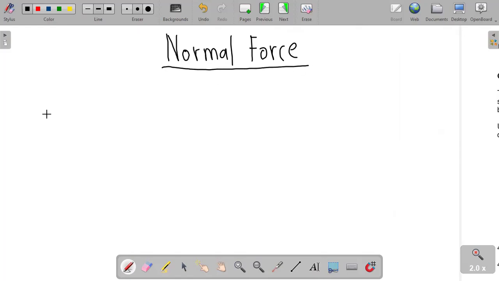Let's say we have a horizontal surface and we have an object on the surface. This object has a mass m.